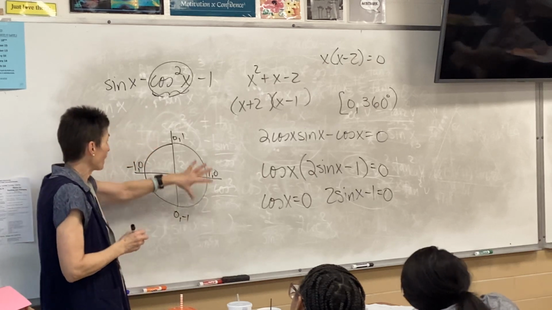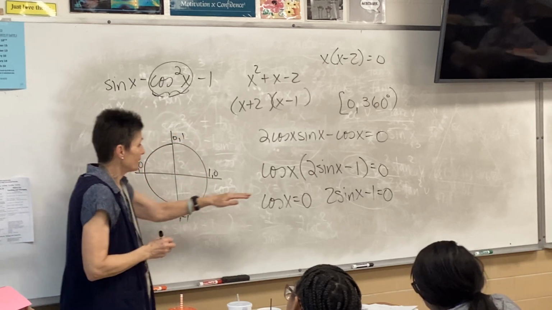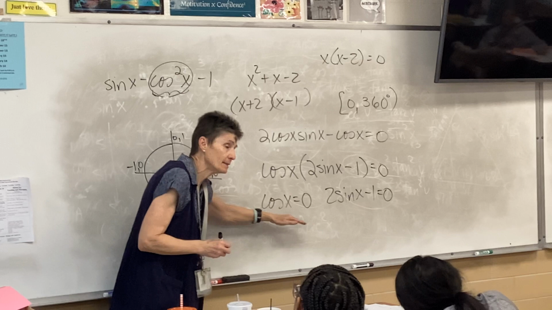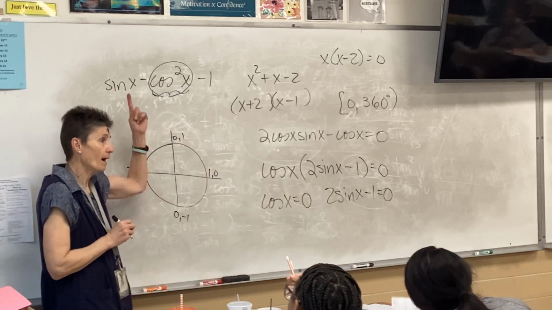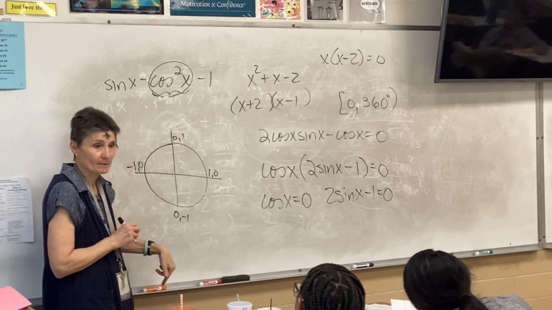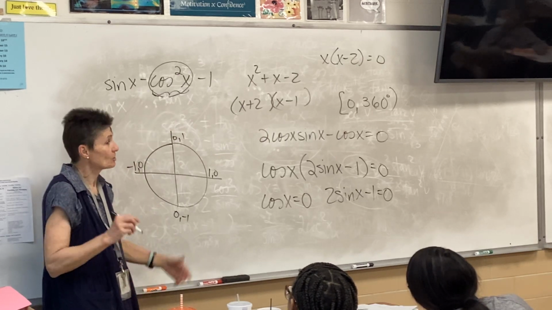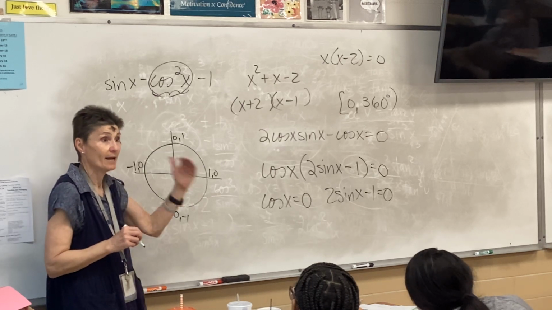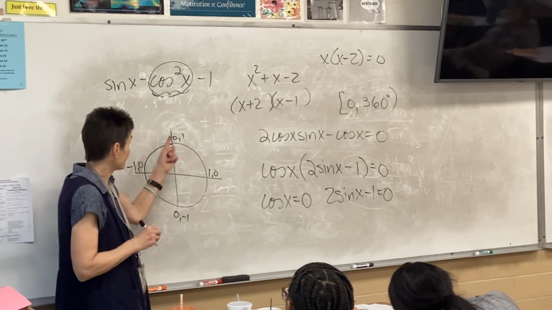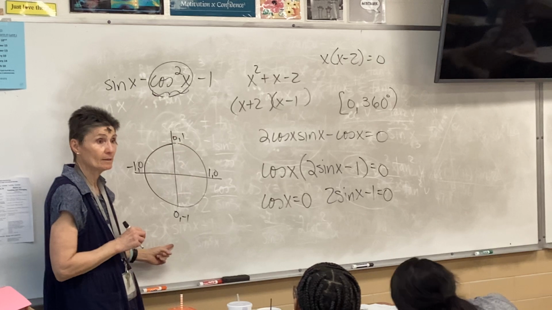Where around that circle is the cosine 0? At the top and at the bottom. How does she know that other than she's smart? She knows that because cosine is x, and x is 0 right there and right there.